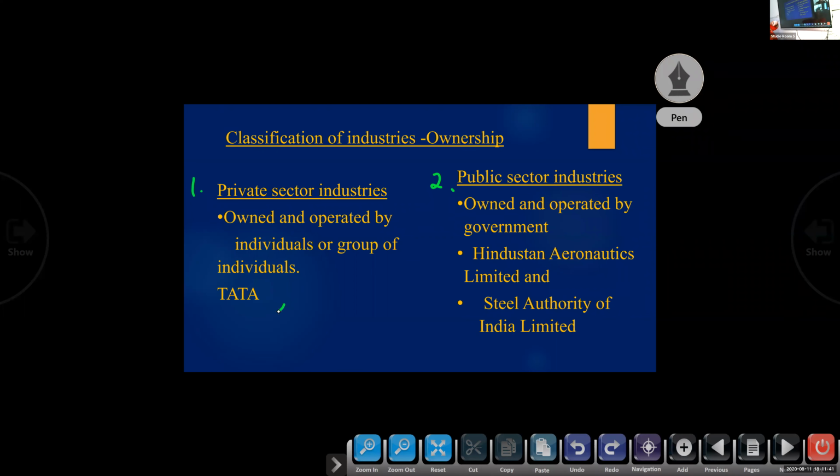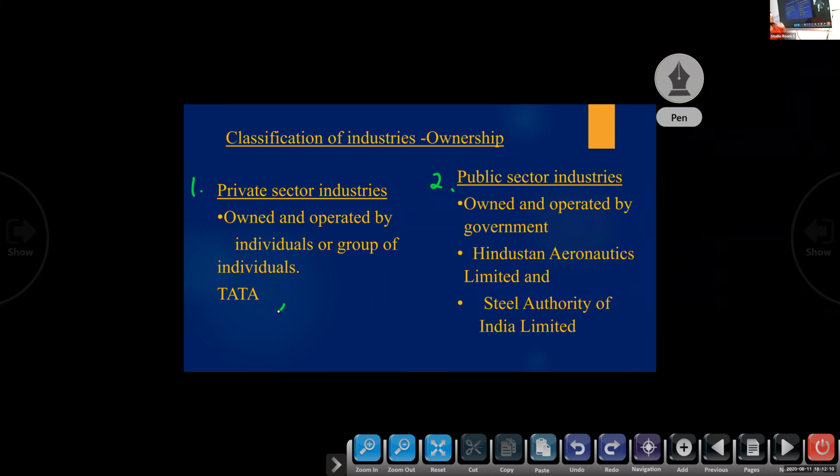Second classification, public sector, just the opposite of this one. It's owned and operated by the government. Stop writing and listen here first, all of you. Second one, public sector industries, owned and operated by the government, completely under the control of government. Example, Hindustan Aeronautics Limited.